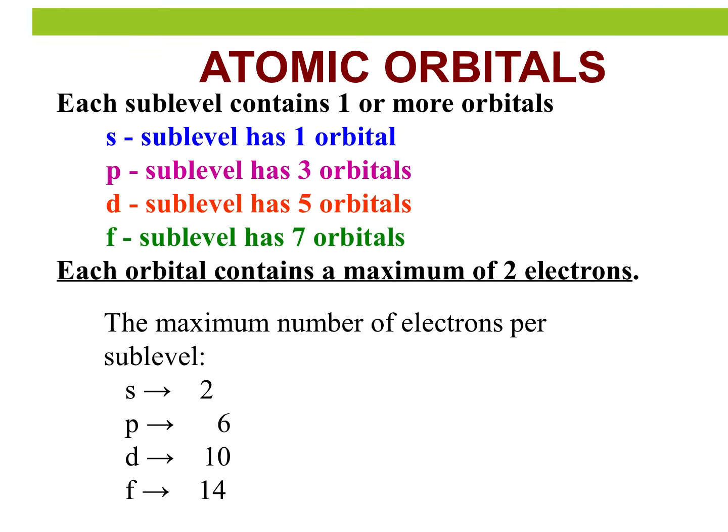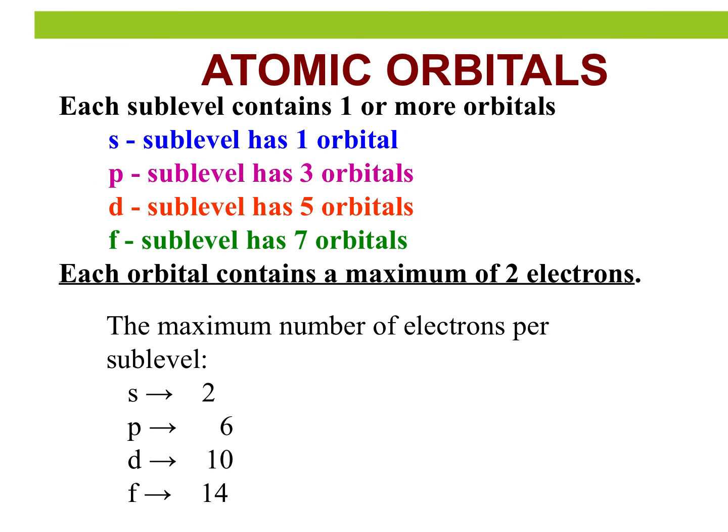I want to go a little more in depth on atomic orbitals, and then we'll relate them to the sublevel. The S sublevel has 1 orbital, so go ahead and copy this down in your notes. The P sublevel has 3 different orbitals. The D sublevel has 5.